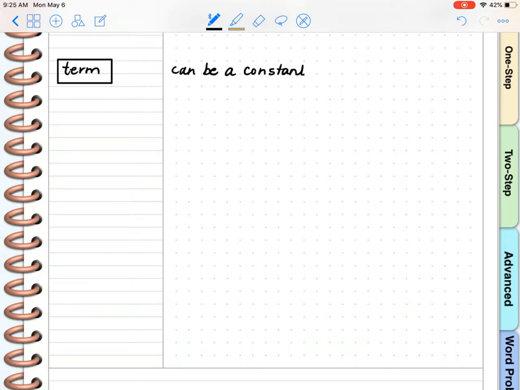Remember, that's a number by itself. A variable, that's a letter. Or the product, that's multiplying, of a constant and a variable.